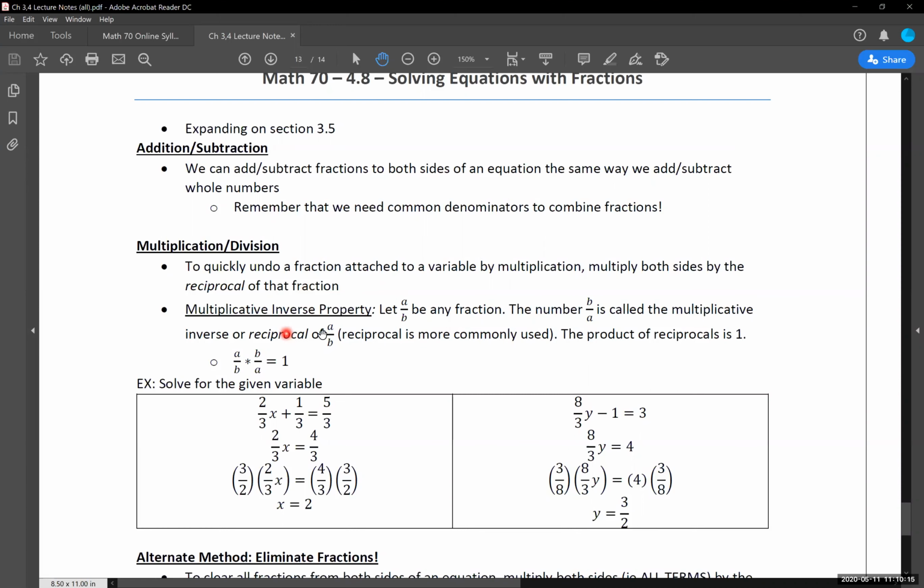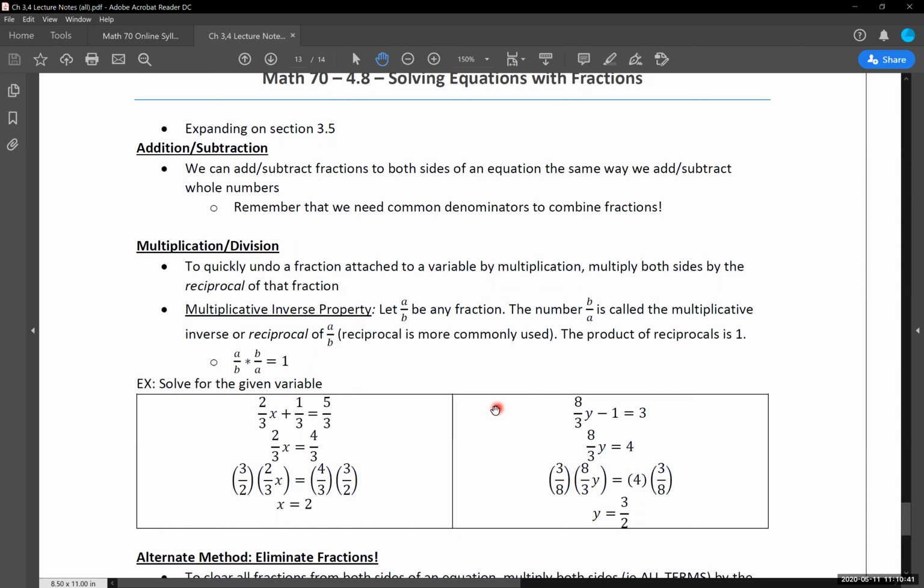What this actually is: we let a over b be any fraction. Let a be a number, b be a number, your two favorite numbers in the world. The number b over a is called the multiplicative inverse, or the reciprocal, of a over b. Reciprocal is the more commonly used terminology, but it could be written out as the multiplicative inverse. It means the same thing.